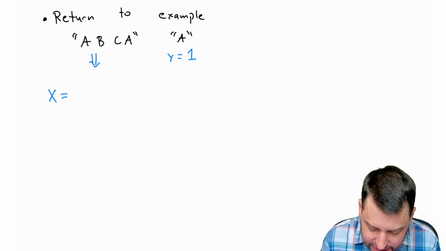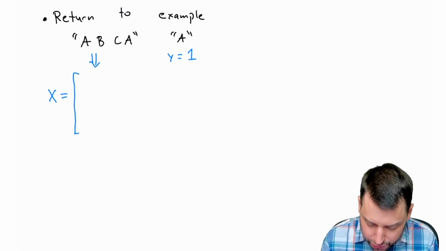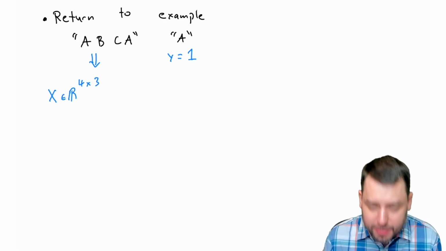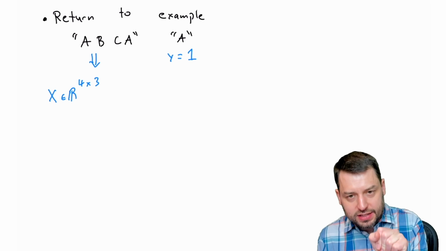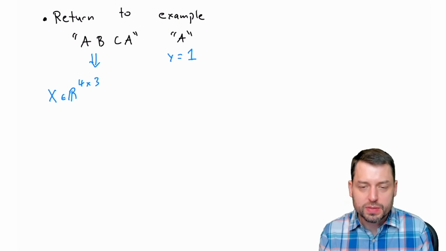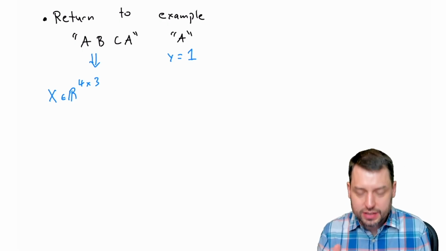In this case, X would be a matrix which is 4 by 3, because there are 4 elements in my sequence, and each of those has 3 dimensions because we use a 3-dimensional one-hot encoding to represent each element.